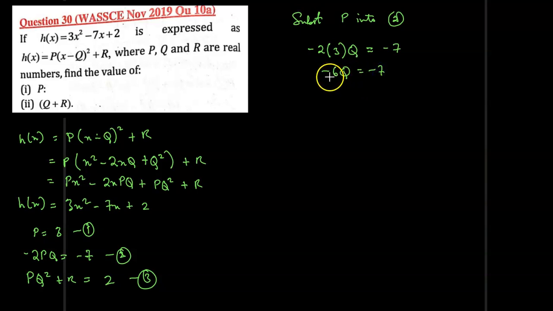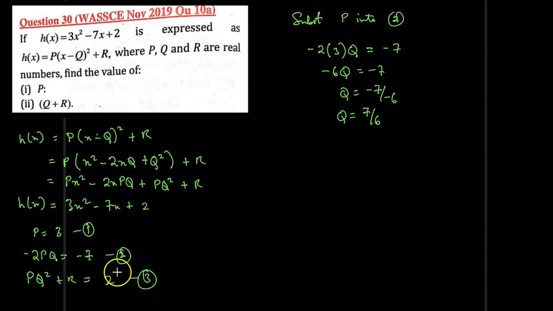So dividing both sides by negative 6, q will be equal to negative 7 on negative 6, which is finally q as 7 on 6. Then having p and q known, I can find r. How then do I find r?